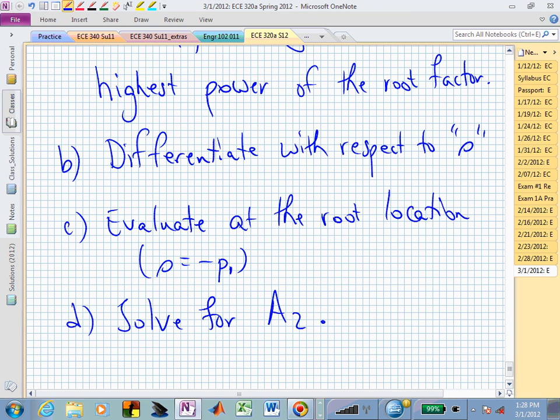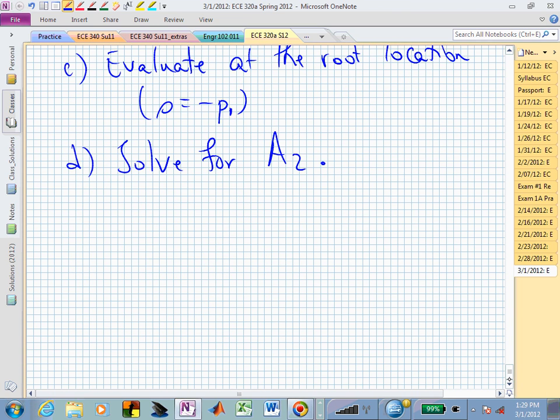But if we had a higher power factor, we would differentiate again and evaluate at the root location and solve for the next one, a sub 3. Then if we had another one, we would differentiate again, plug in the root, and then solve for a sub 4, etc. In our case, let's just step it through that second order example.